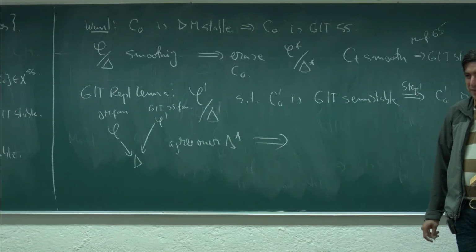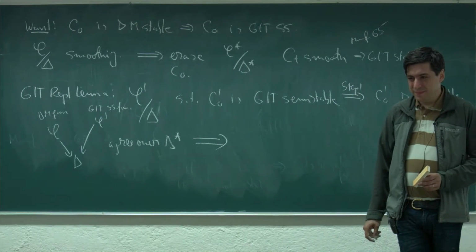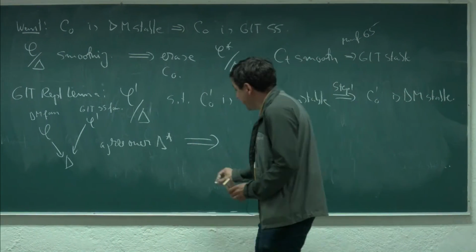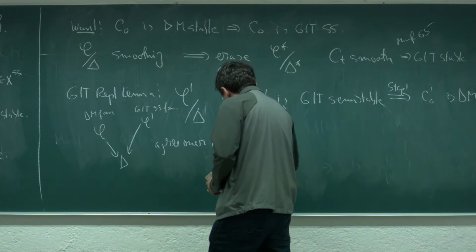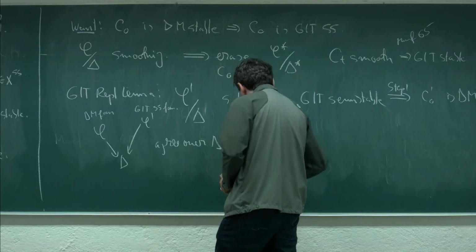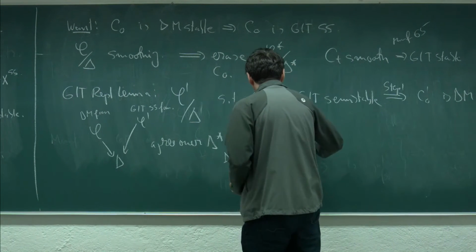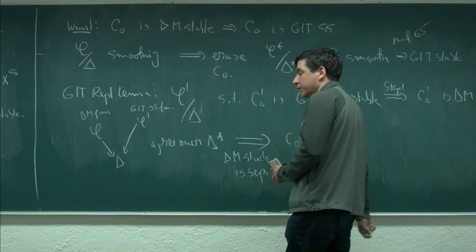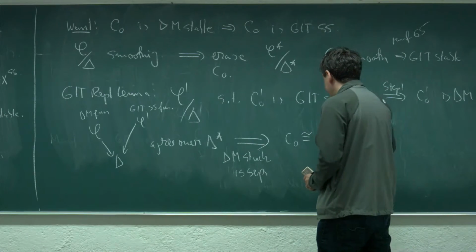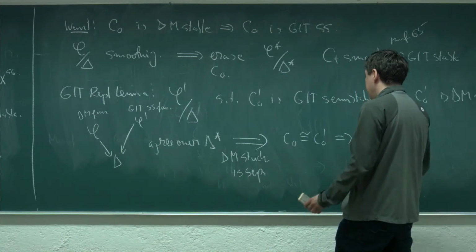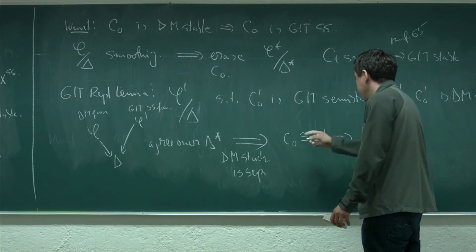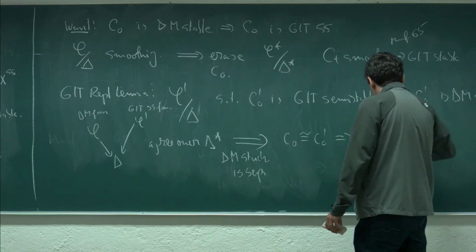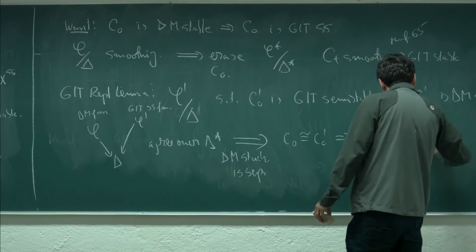What's the keyword? The DM stack is separated, which means that the families agree, which means exactly that C0 is GIT semi-stable.